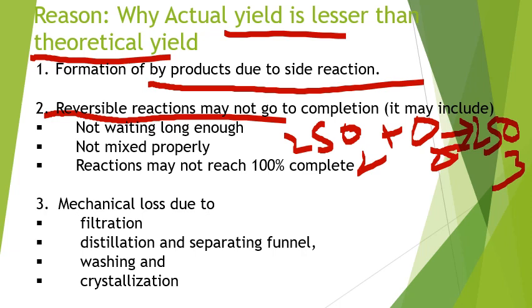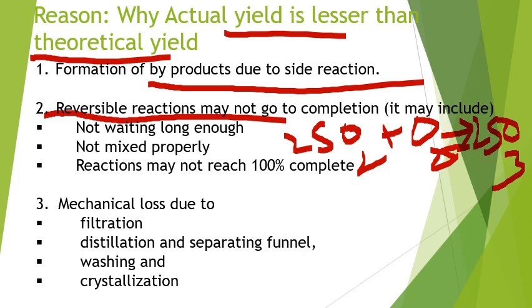And the third point is maybe there is a mechanical loss due to the processes I have used, that is, maybe filtration, which is used to filter the contents so that solid is separated from liquid. Distillation and separating funnel are also applied as separation techniques, where the two components of the substance are separated.